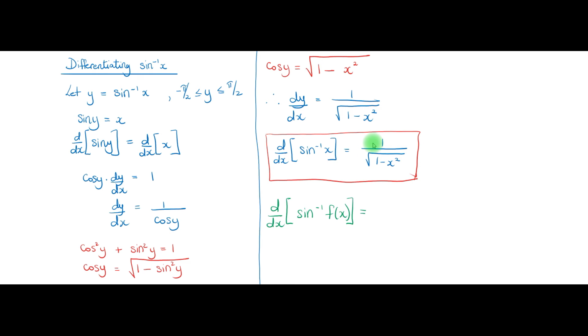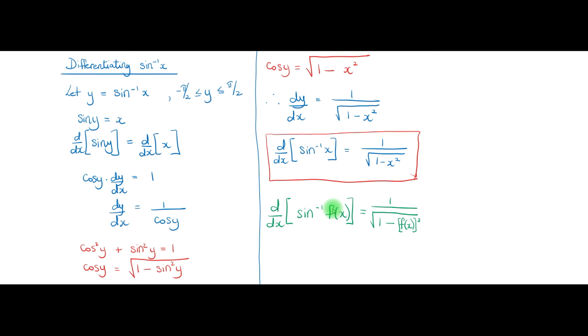We know it's going to be 1 over the square root of 1 minus, now what we have in this one is an x, which is why we get x squared. But what we have here is f of x, so we need f of x squared.